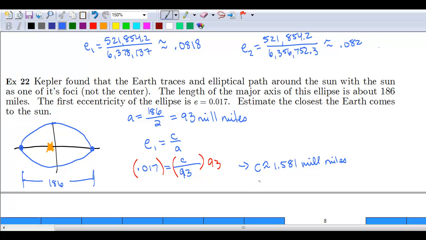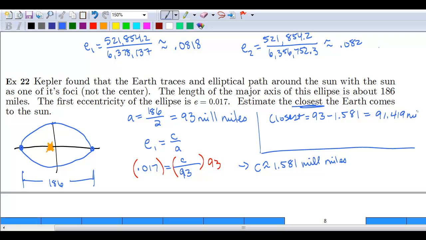Then we can say that the closest, because that was what it was asking for, the closest the Earth comes to the Sun would be 93 million miles minus our 1.581. So it would end up being about 91.419, again, million miles.